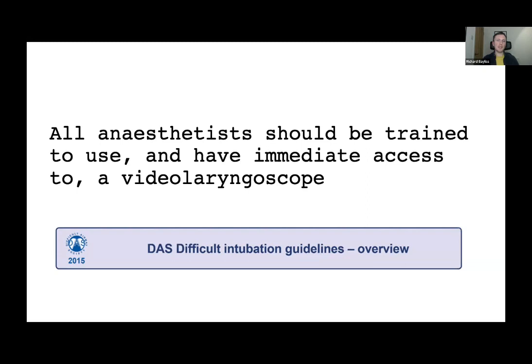But we're now at a stage in hospital where videolaryngoscopy is routinely available and frequently used in emergency intubations. For emergency department and critical care intubations, I would expect almost all of them to be performed using a videolaryngoscope, in my practice certainly.